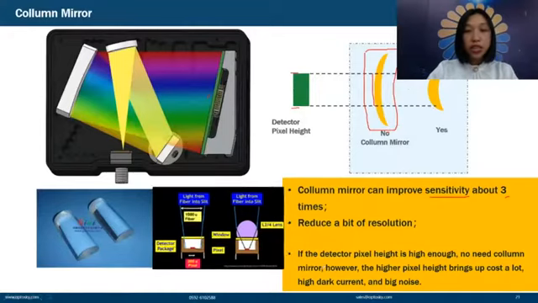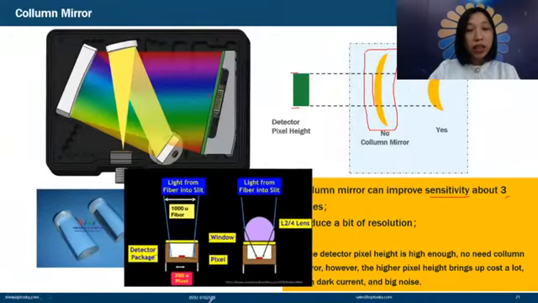And this picture is from another angle to explain the cylindrical mirror's working principle. Firstly, the light shoots in this direction. It's shooting in here, but the pixel is so tiny, so most energy is lost. Only a little can be absorbed by the pixel.